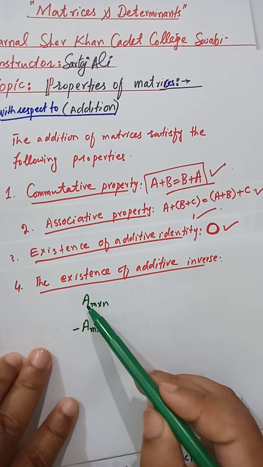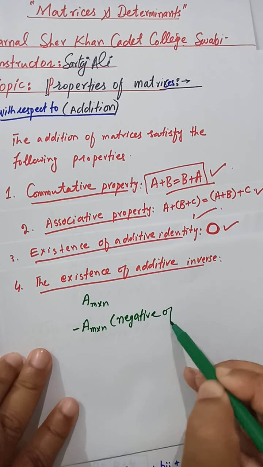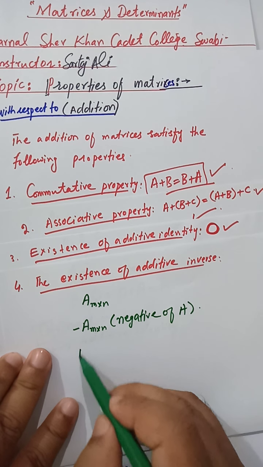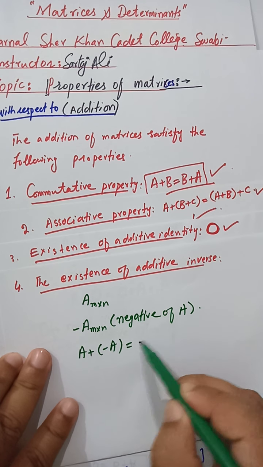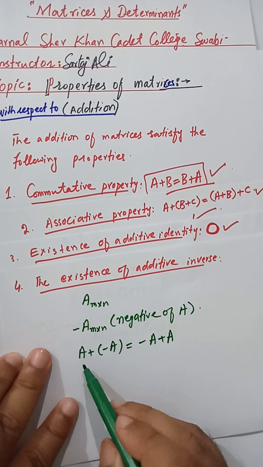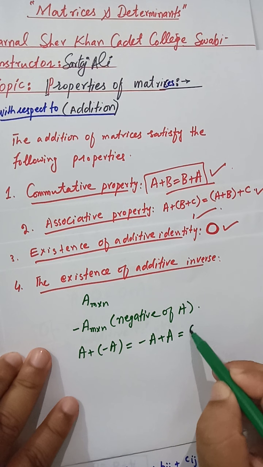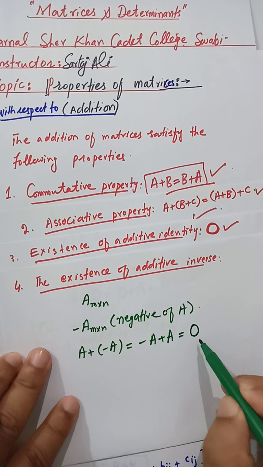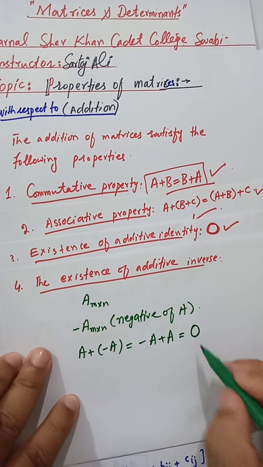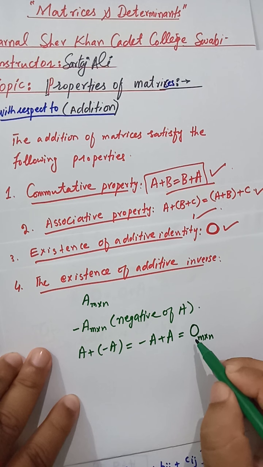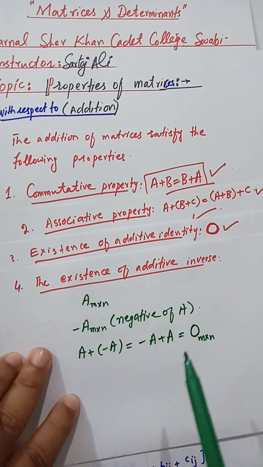Then you add the original matrix and the negative of the original matrix, either from the left or from the right. In both cases you will get the additive identity, and the order of that additive identity must be the order of the matrix A, so m by n. So this is capital O, the null matrix, the additive identity for the matrices.